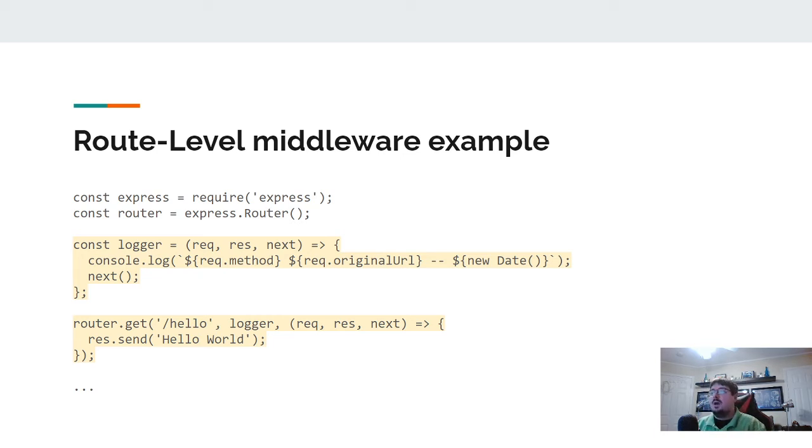Okay. And then the last way that you can install middleware is on the route level. The way you install middleware in the route is actually really, really simple. So here I have a route for get the hello route, and you see I have my route handler after it. Notice that I've got this word logger in the middle. Do you see that?